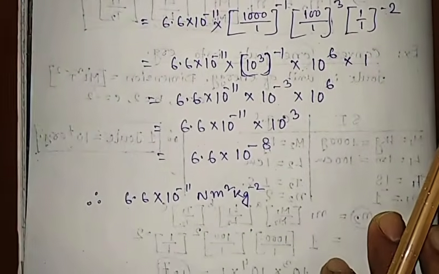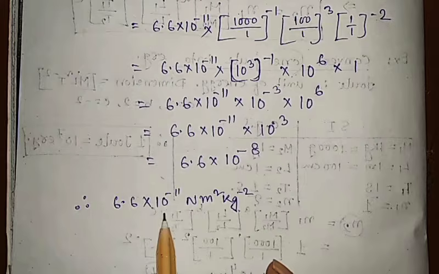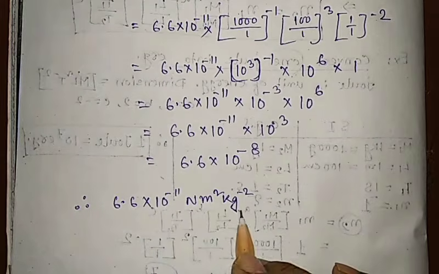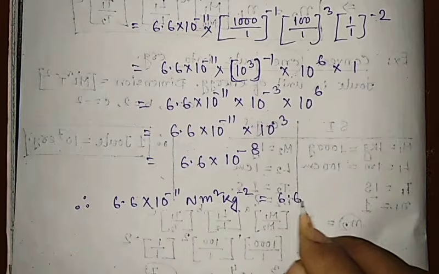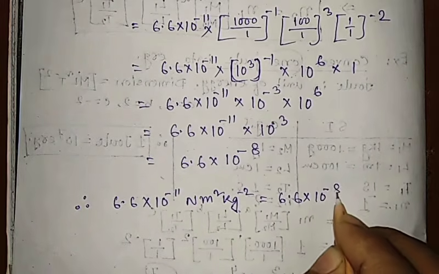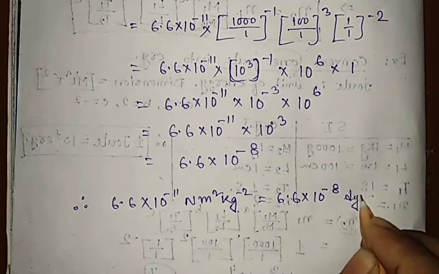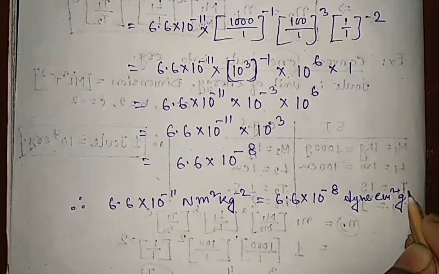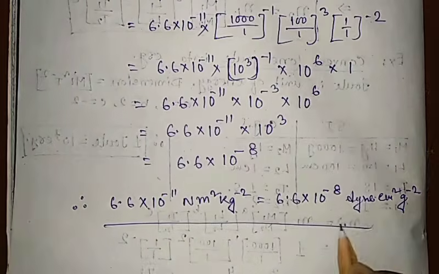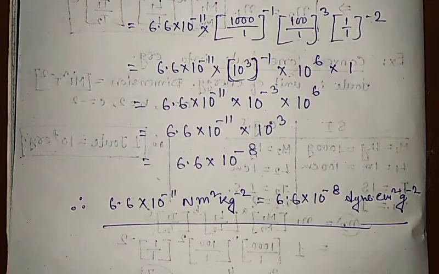So you have to write that 6.6 into 10 to the power minus 11 Newton meter square kg to the power minus 2 is equals to 6.6 into 10 to the power minus 8 dyne centimeter square and gram to the power minus 2. So this is the final answer. Okay.